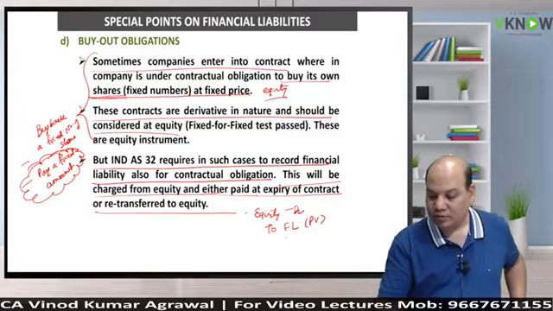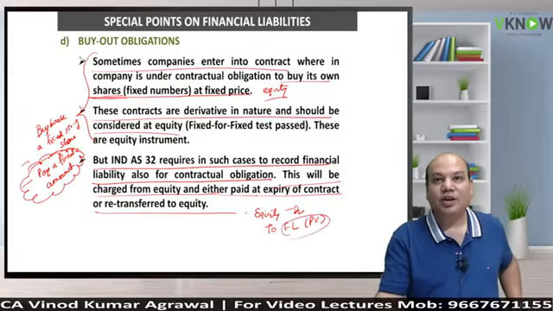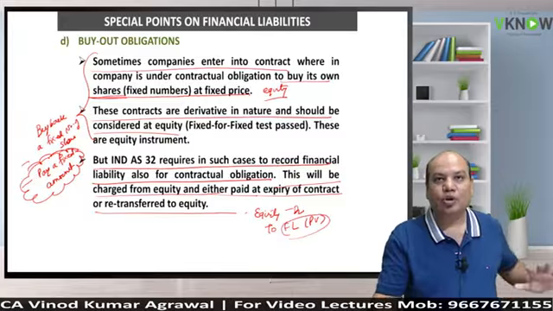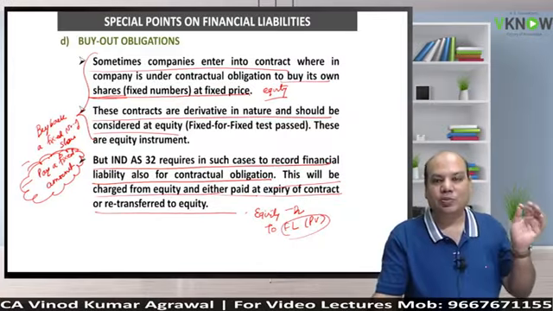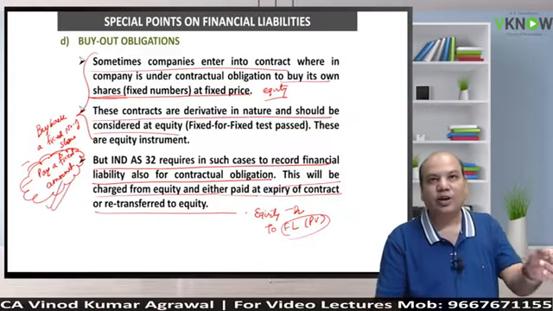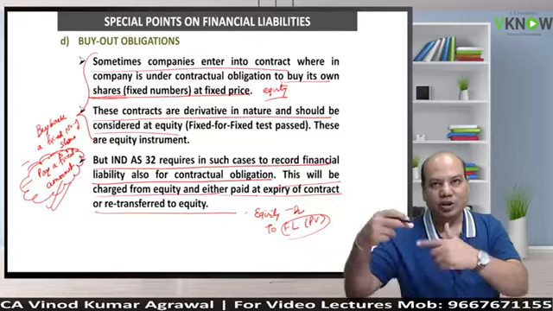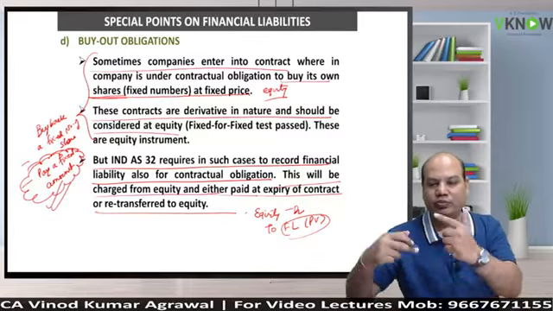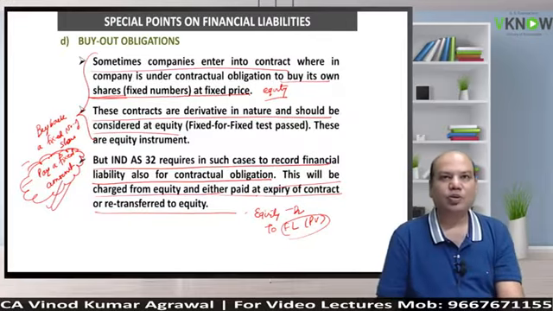Every year you will provide interest cost on that. On maturity, it will become equal to the amount you have committed to pay with interest, because you have taken present value. With interest, it will become equal to the amount payable on maturity. Understood?